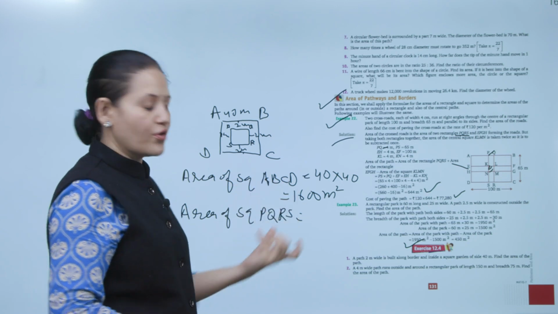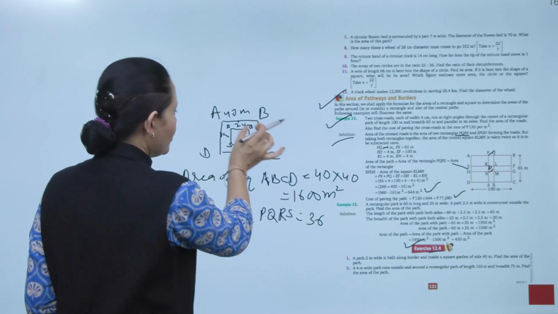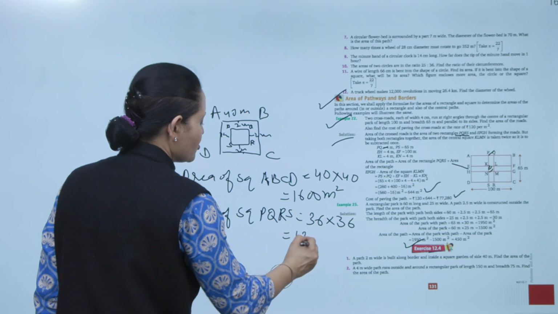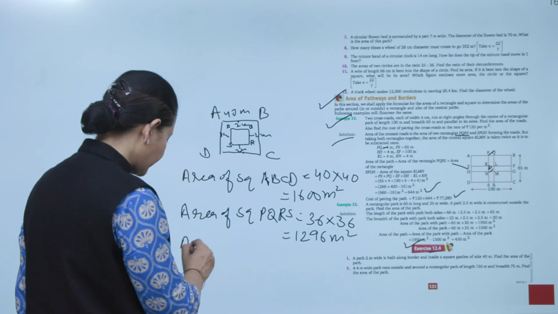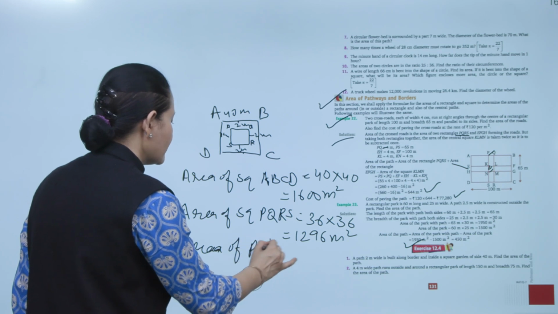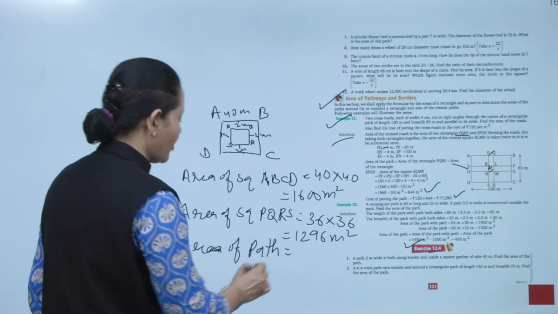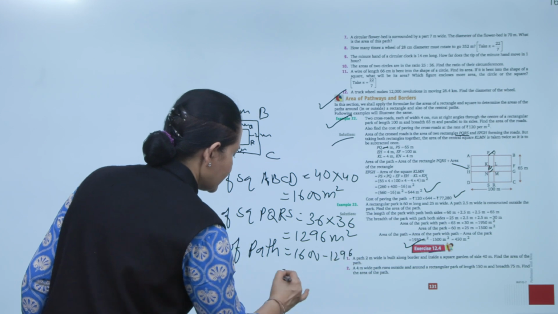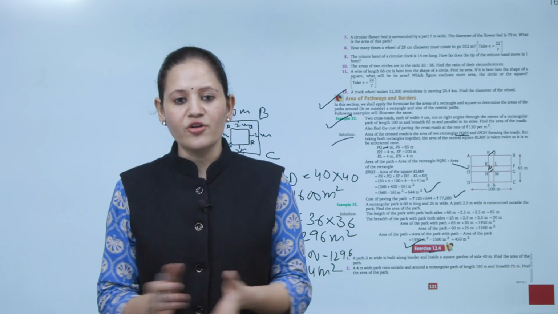So, 40 minus 4 that is 36. Same with length भी 40 minus 4. 2 यहाँ से, 2 यहाँ से. So, that is 36 into 36, that is 1296 meters square. So, area of path क्या हो जाएगा? Area of path, that is equals to area of ABCD minus area of PQRS, means 1600 minus 1296, that is 304 meters square. That is the area of path.